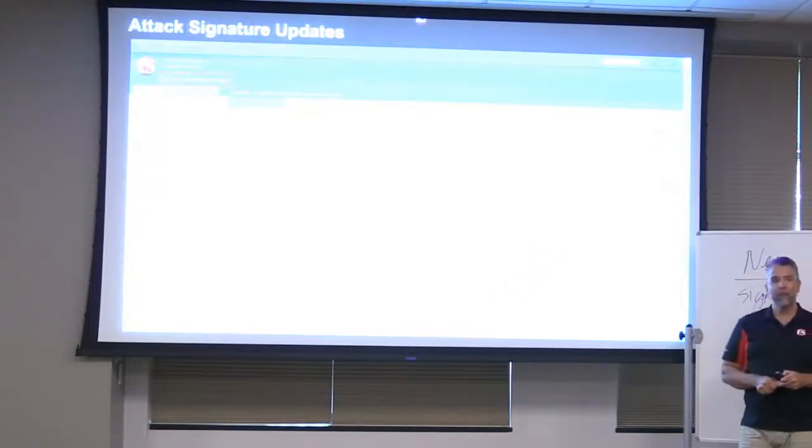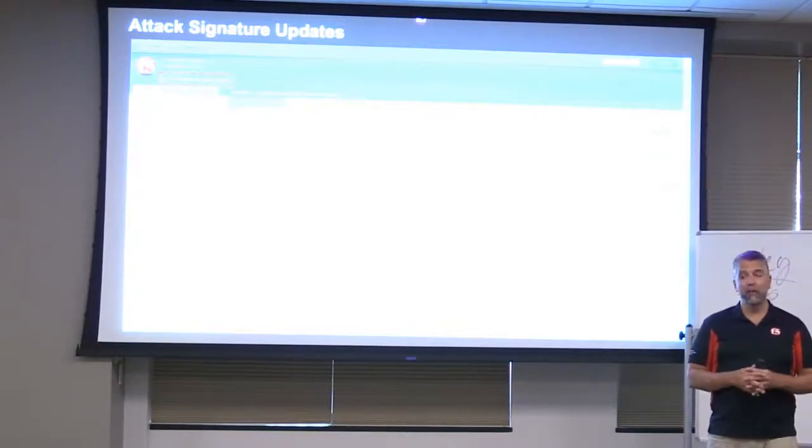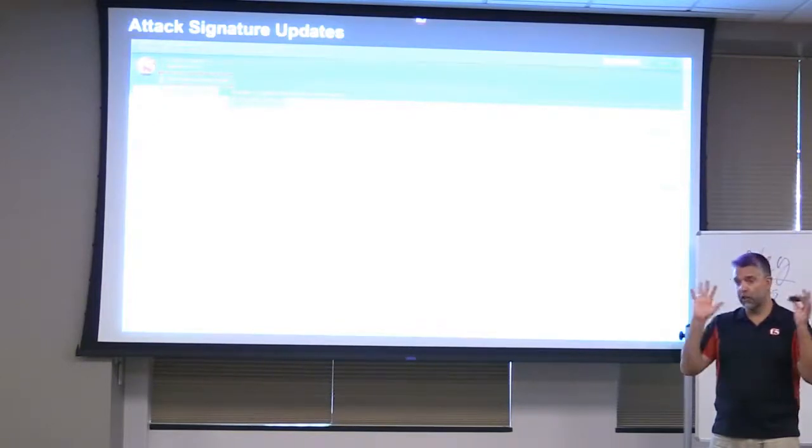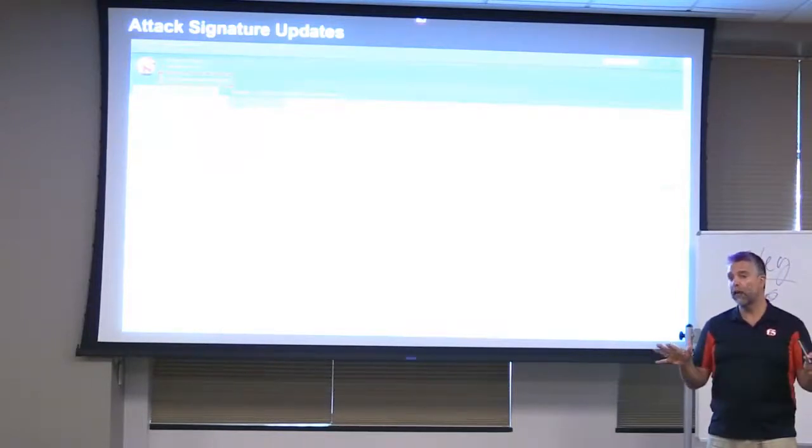And then finally, our attack signature updates. Our ASM team is located in Tel Aviv, and these are brilliant application security minds over there. We have a whole team that continues to work on our attack signatures. That's all they do.